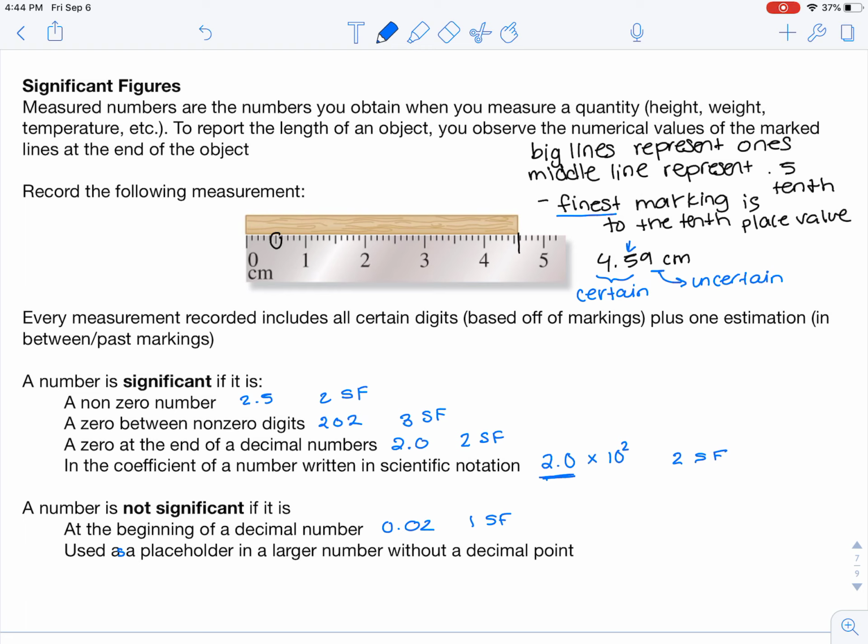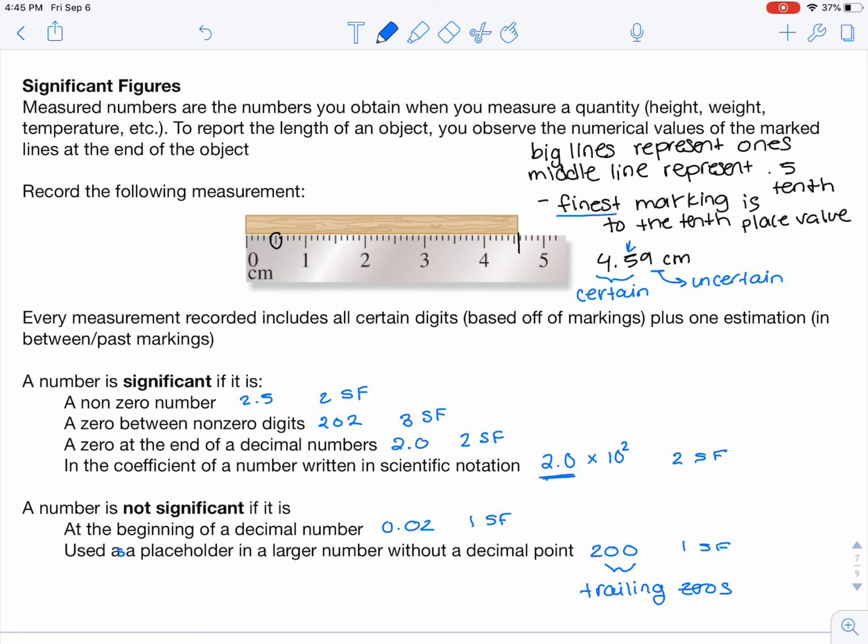So that would mean if you had 200, these zeros we call trailing zeros. They don't really indicate any certainty. Is it 200? Is it 2.00? Is it 20.0? So we call this ambiguous and say that they are not significant. You only have 1 significant digit here.